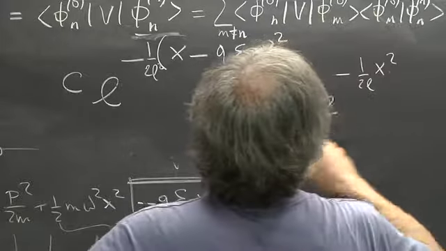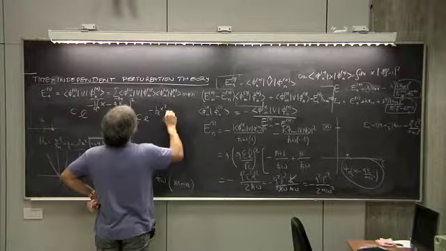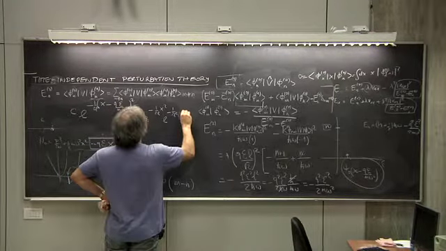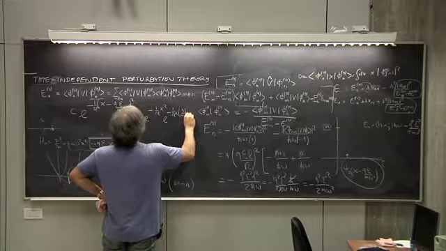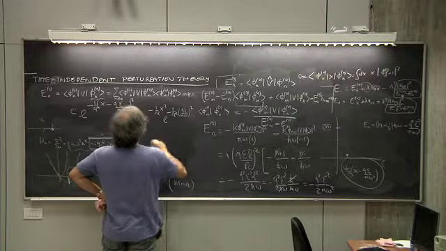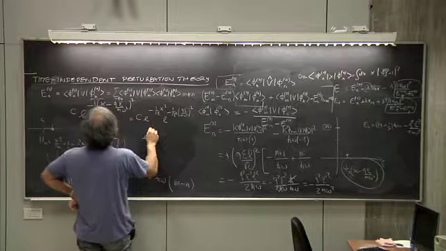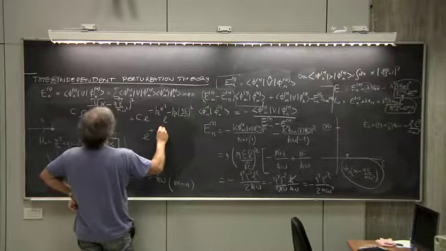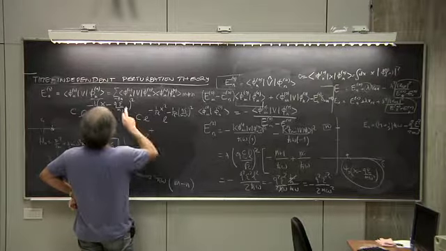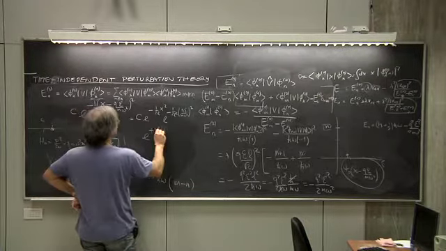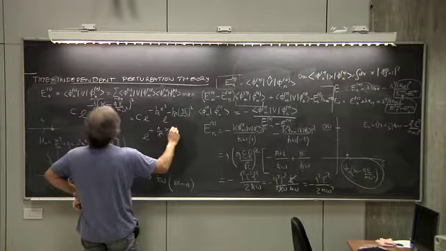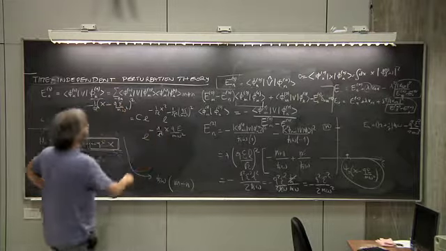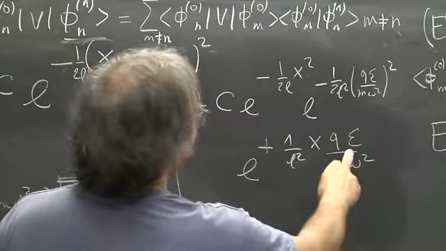Then there is a constant term, e to the minus 1 over 2 L square, the square of this. And then I have a term that is e to the plus, because there is a minus and minus, the 2 and the 2 cancel, so 1 over L square x q epsilon over m omega square. This is still exact.